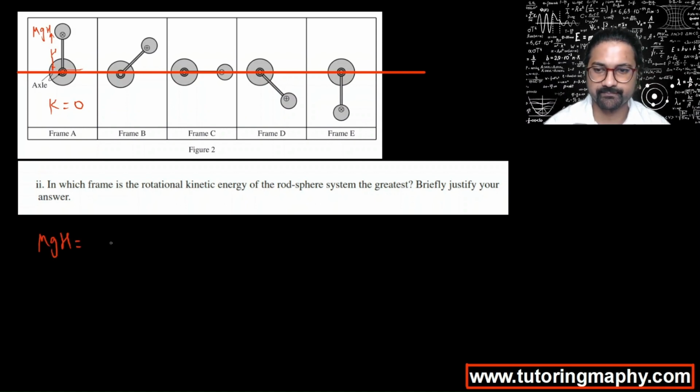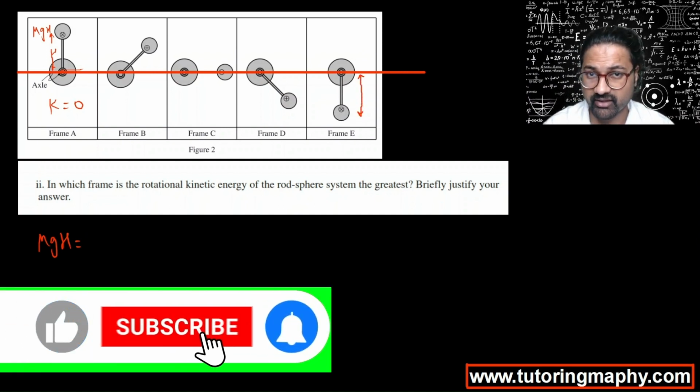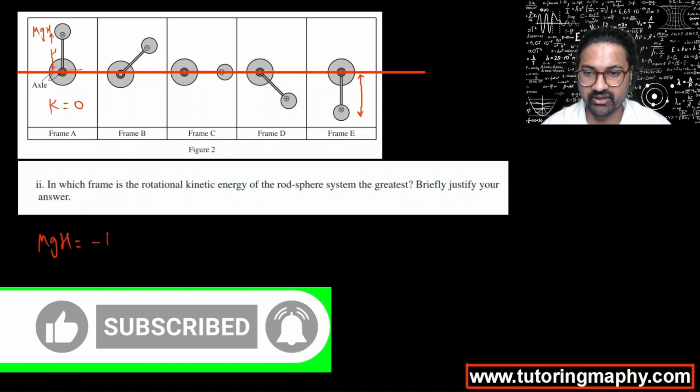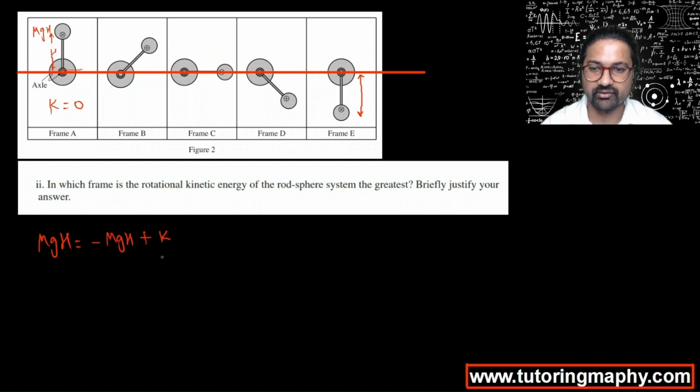And when will the kinetic energy be maximum? When the potential energy is minimum, which is in frame E, because in frame E the potential energy is minus mgh and the remaining energy will be kinetic. So obviously this kinetic will come out to be 2mgh, which is the maximum in this case.